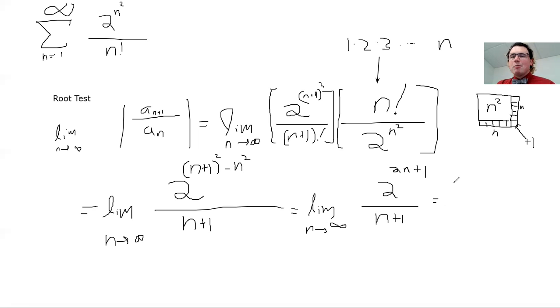Now, I need to calculate what this limit is. And it looks like I've got a bunch of 2's on the numerator, and I've got just a single n plus 1 on the denominator. If you want to be super technical about this, we'll take a look at a continuous limit instead.